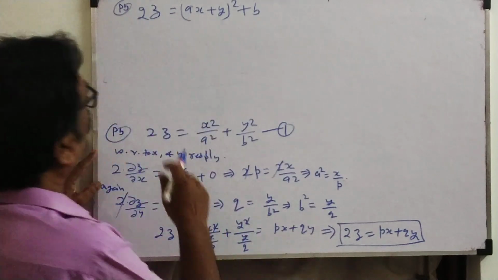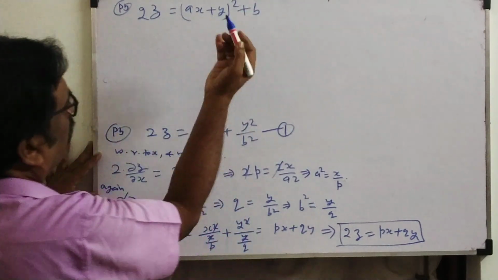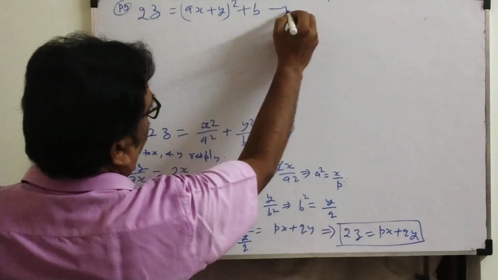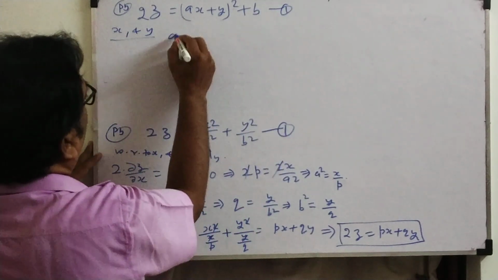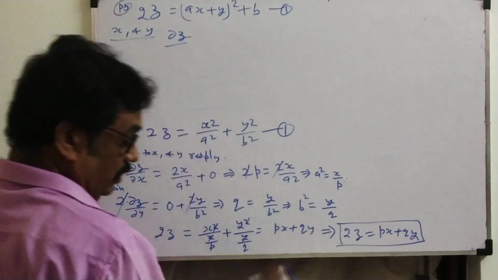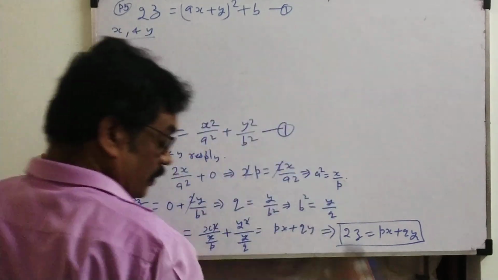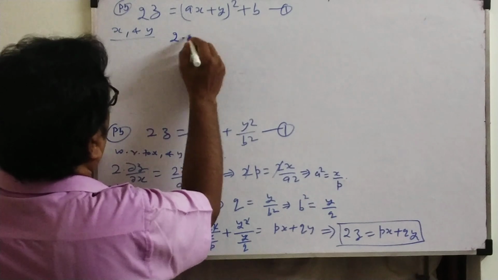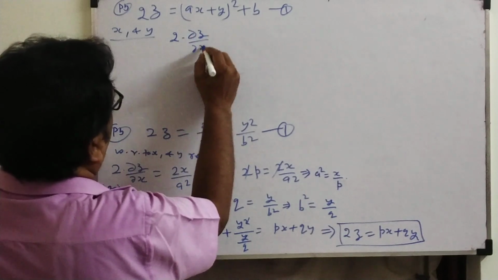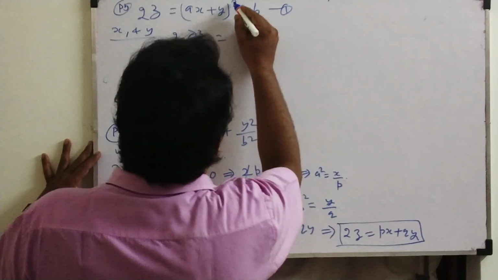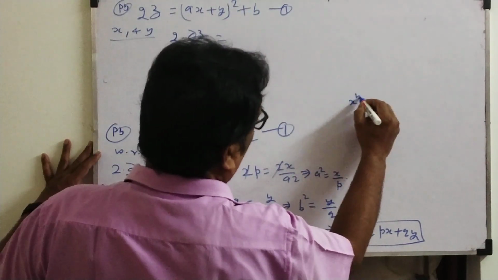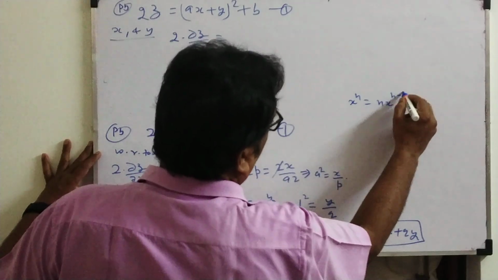Now look here, how to eliminate a and b. Similar work: differentiate equation 1 with respect to x and y. So dou z by, just wait, 2 is there now. So 2 always will be there here. 2 dou z by dou x equal to, suppose x, and differentiation, what is it? n x power n minus 1.